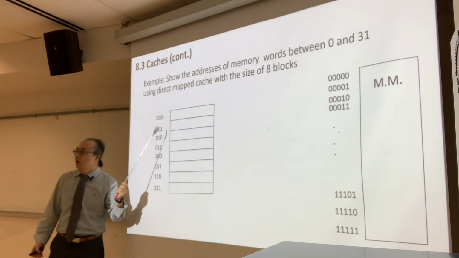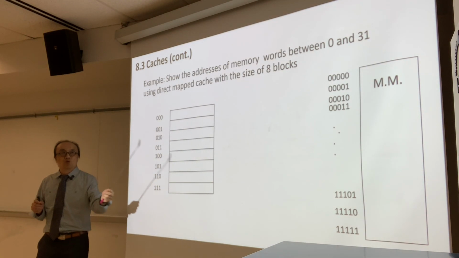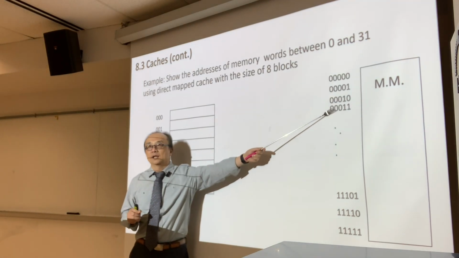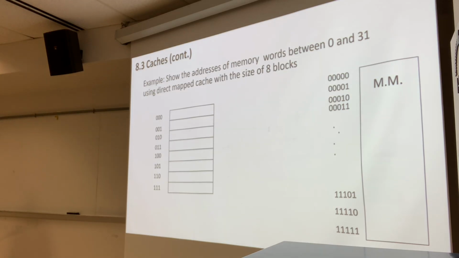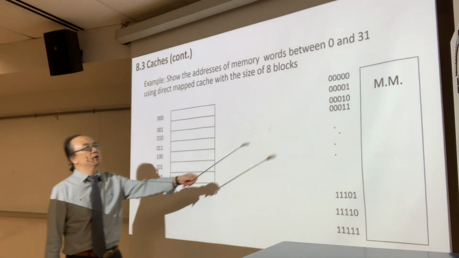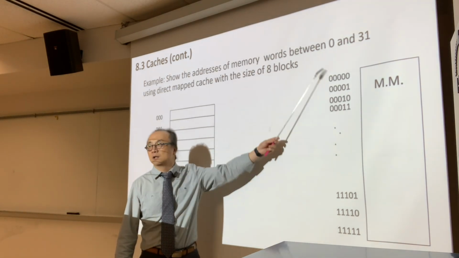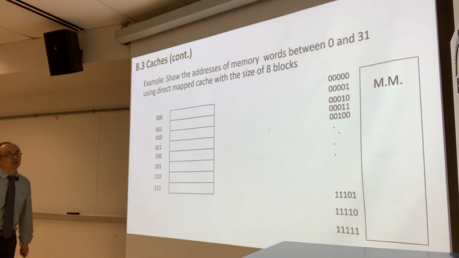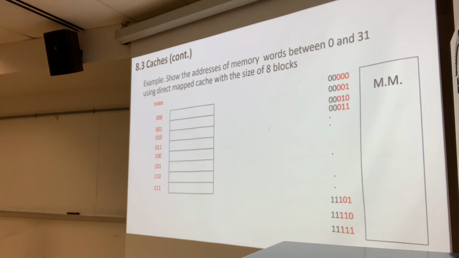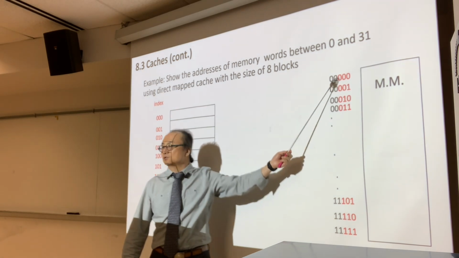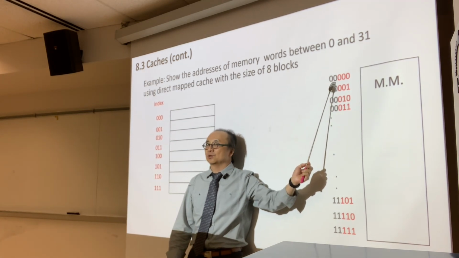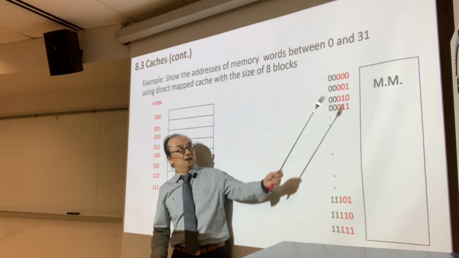Somehow we need some logic for which block is going to be stored where, right? What do you think? What's the easiest way? Since we are using binary numbers, and this is the memory address in words, we can use the lower 3 bits as an indication of the location in the cache.